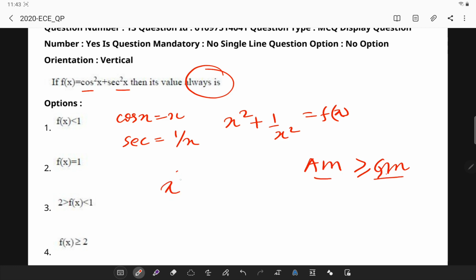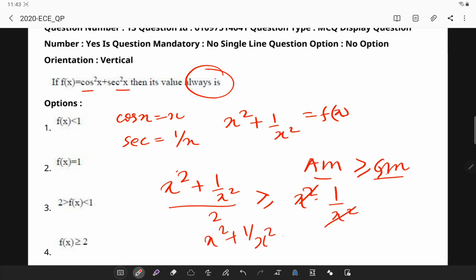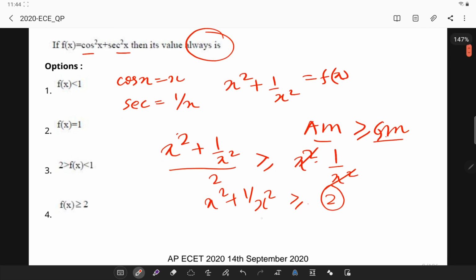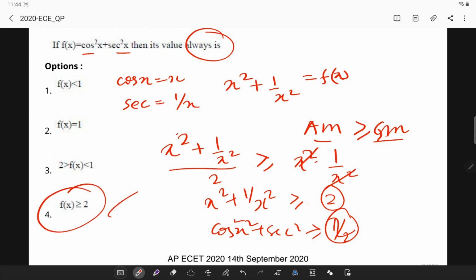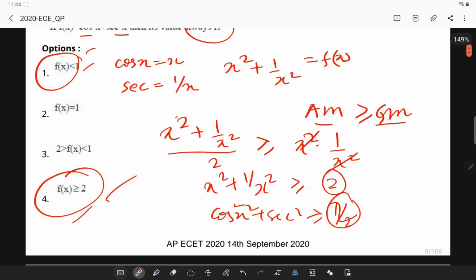So if I apply this here, x square plus 1 by x square, divided by 2, will be always greater than or equal to the root of x square into 1 by x square, or I can write x square plus 1 by x square is greater than or equal to 2. Here x can be replaced by cos x. So cos square x plus secant square x will be always greater than or equal to 2. The answer is option number 4. However, in the exam key it is given as this, but the answer is this.